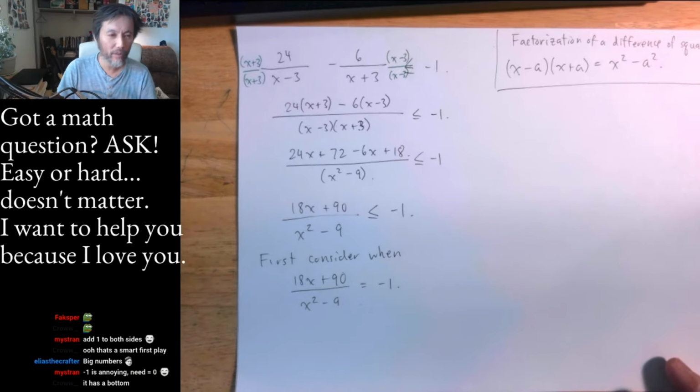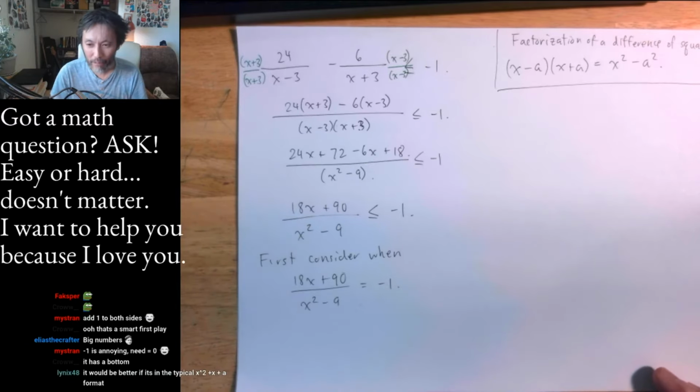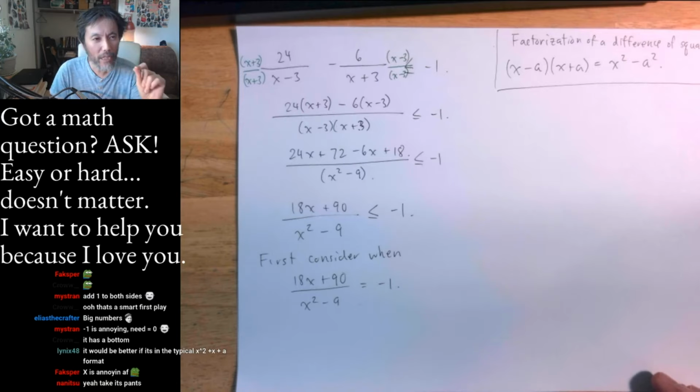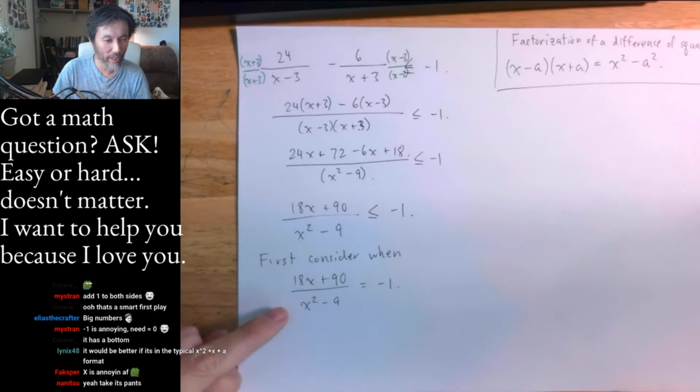The big numbers, whatever. It has a bottom. Do you see that it's annoying that this thing has a bottom? Okay, so help me. What can I do to make this less annoying looking?